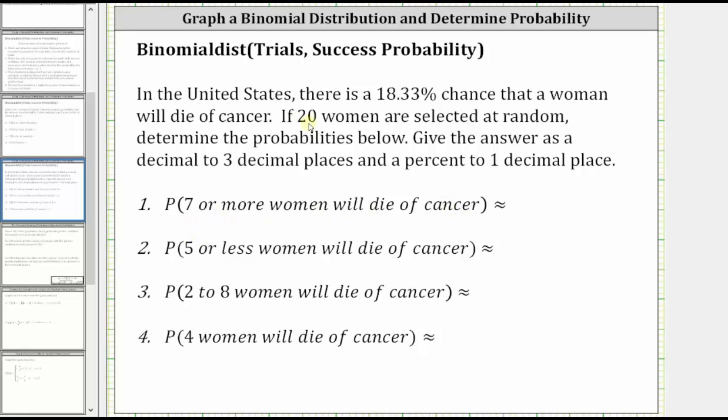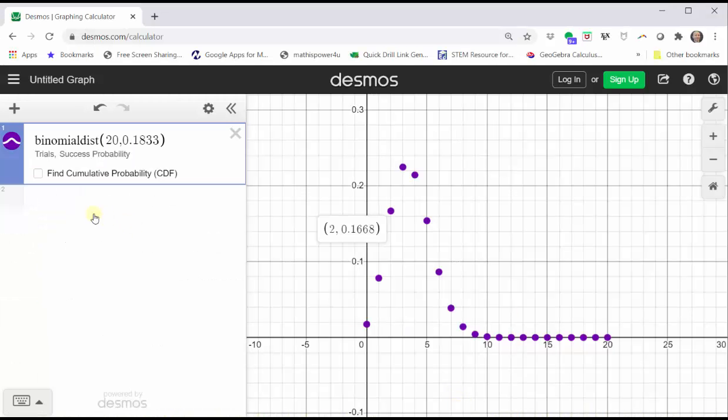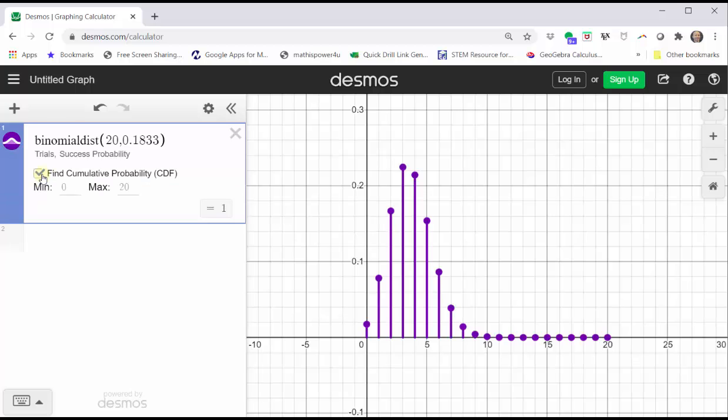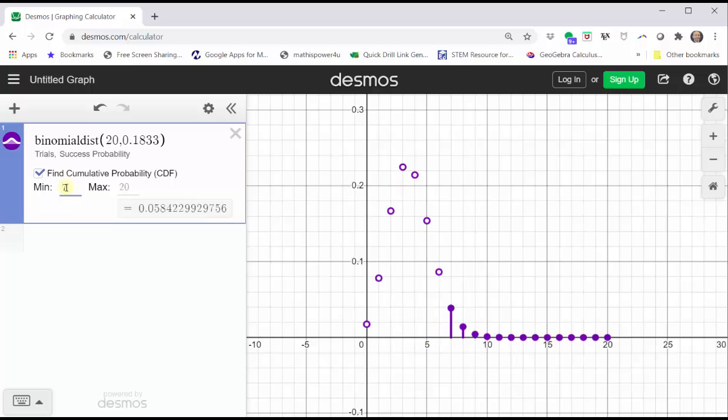But our first probability is to find the probability that 7 or more women will die from cancer out of the 20 selected. To find this probability, we click the Find Cumulative Probability box, and for 7 or more out of the 20, 7 is going to be the minimum tab and 20 will be the maximum, and the corresponding probability shows below, which is approximately 0.058 or 5.8%.